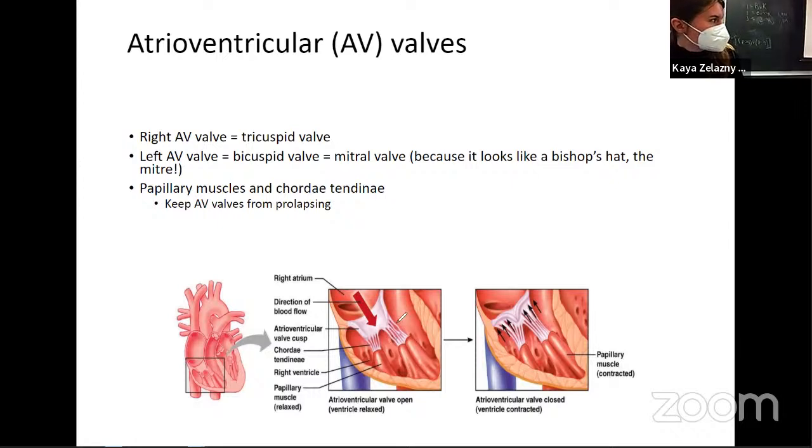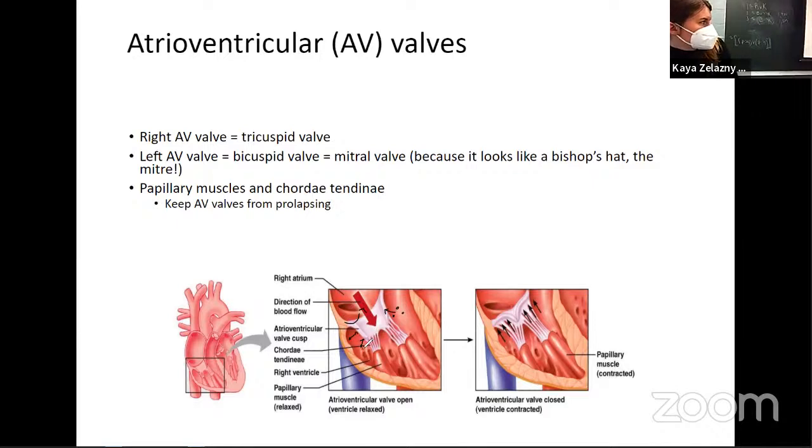Then once the ventricle contracts, it's changing the size of that compartment, which means the pressure is rising as that space gets smaller. This is what pushes those AV valves to close. We think about the blood physically here and the contraction of that muscle as pushing back towards the right atrium as the pressure is rising. So this pushes the valves closed.